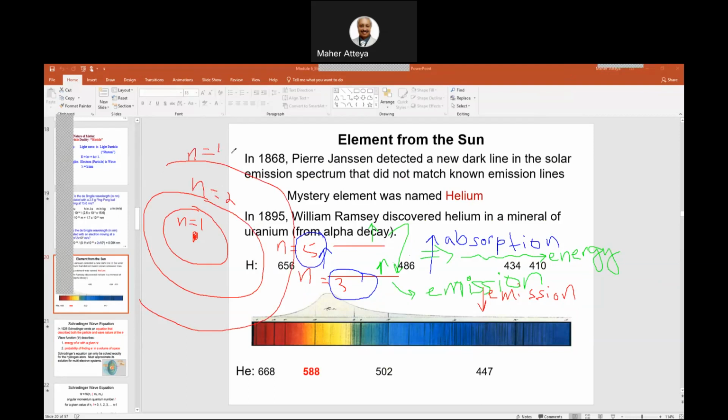We have 7 periods, so it goes up to n equals 7. Now, what's the end value? It's an infinite number, depending on the future, as the periodic table might be expanded and we may have more than 7 periods. So we have 7 periods, we have 7 energy levels.